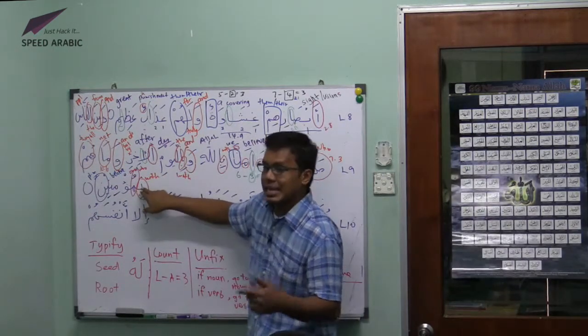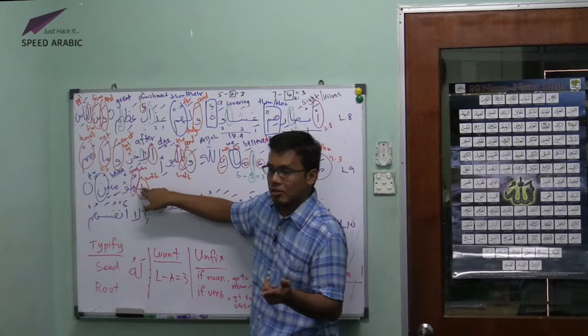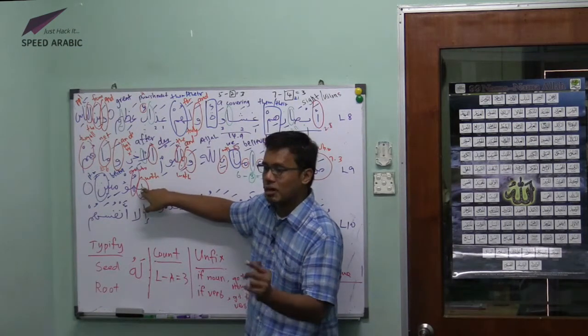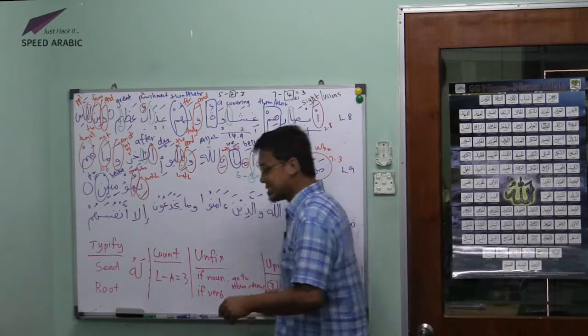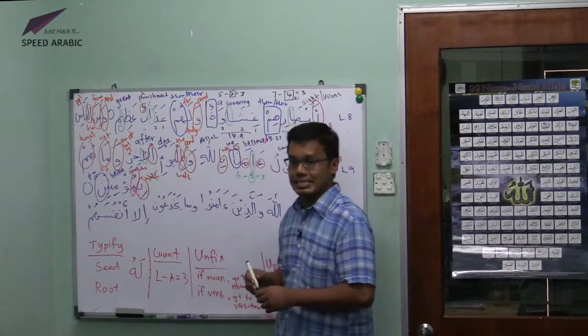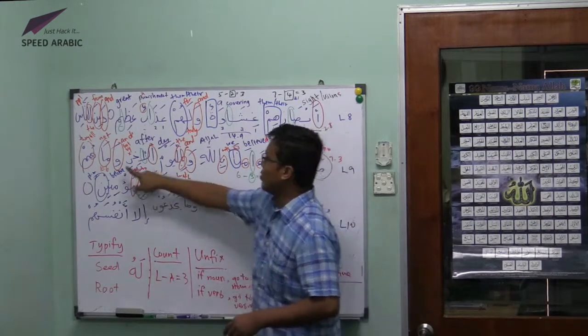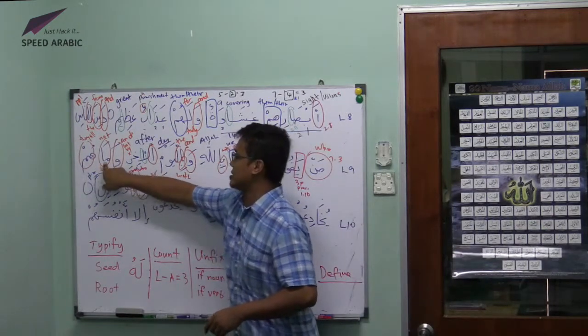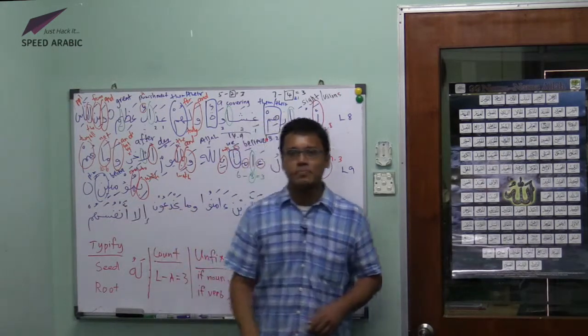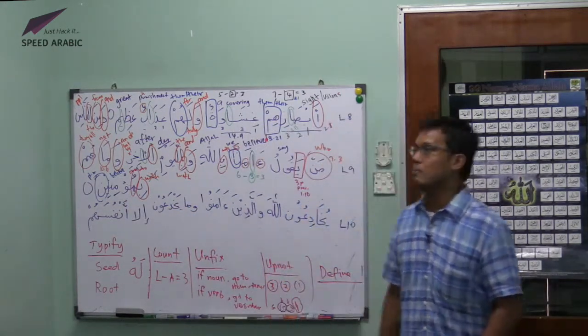This b is an extra b. In Arabic it's called harfu jar zaid, an extra preposition. What does that mean? It means that it is not translated. So you will just say while they are not believers without the b. Okay?